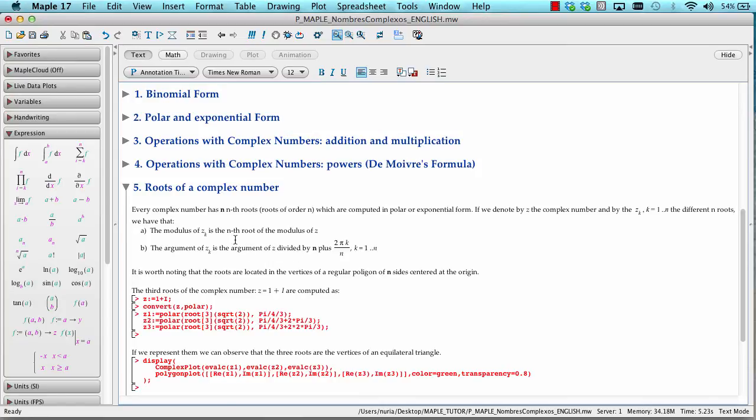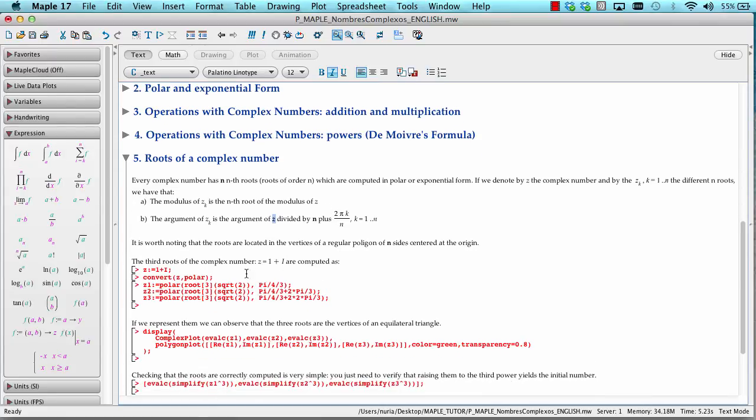Imagine that we have an initial number z, which has a magnitude of r. The magnitude of the n roots is just the nth root of the magnitude of z. And the arguments are: the first argument is the initial argument divided by n, and then you have to add 2 pi divided by n.